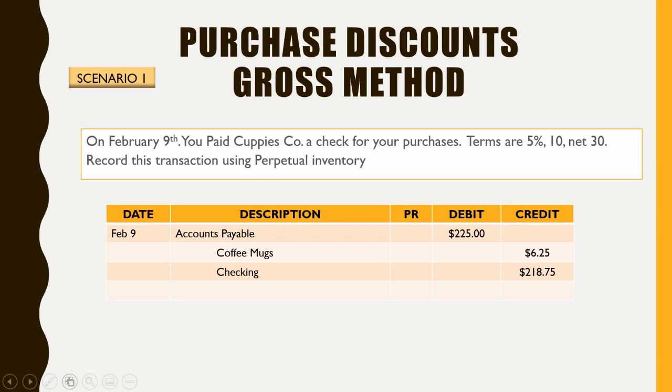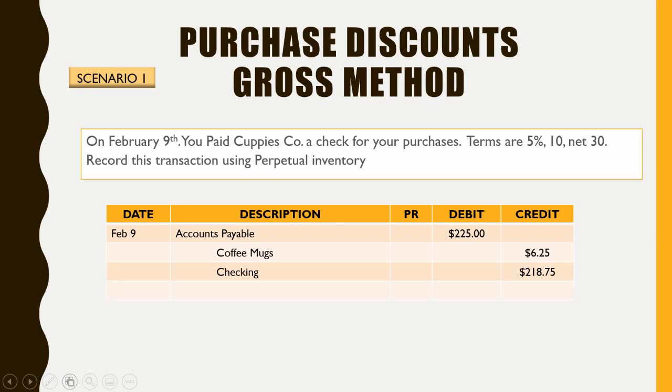Therefore, you're going to write a check for $6.25 less. I owe them $225, but because I made the discount period, I've made it even by taking that $6.25 out of my inventory and also by writing a smaller check.